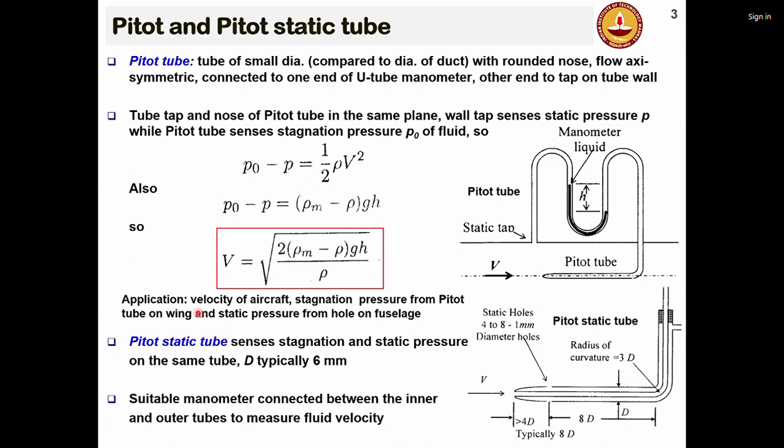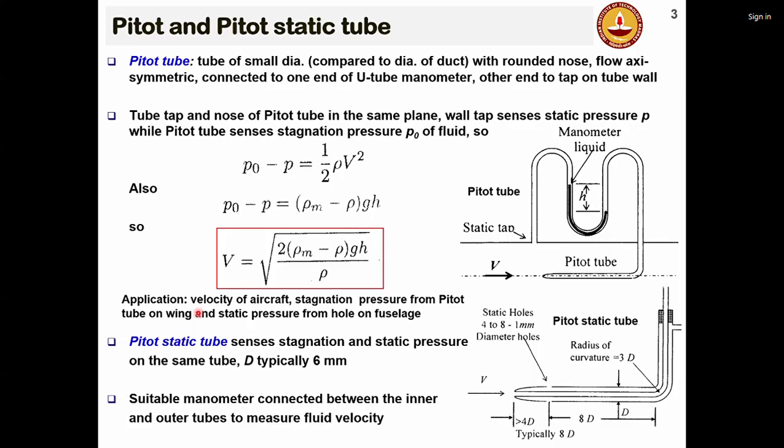So there the flow would come to rest, converting the kinetic energy into pressure energy. So at the leading edge of the wing, where these typical stagnation pressure probes are placed, you would end up measuring the stagnation pressure.